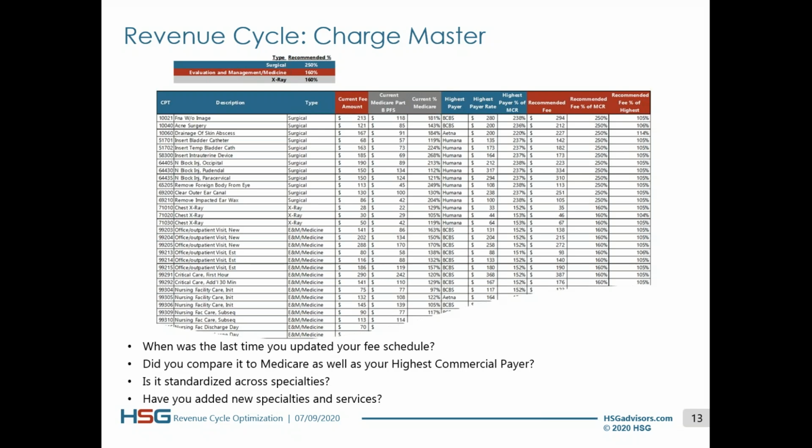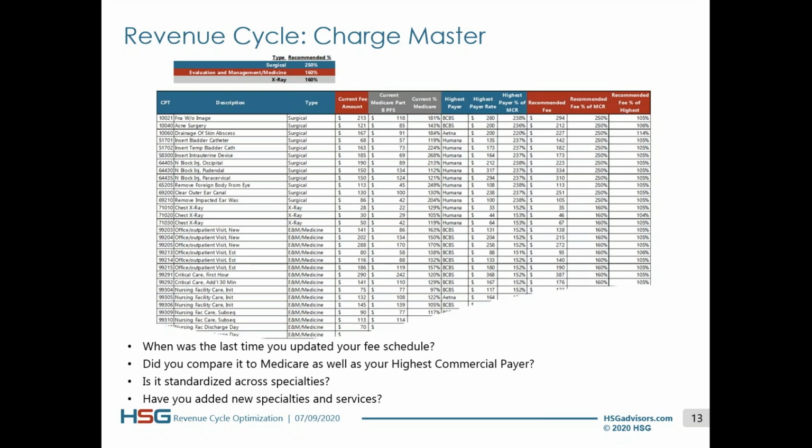And so you can see here at the top, we've got a methodology where all our surgical codes are going to be set at 250% of Medicare, our E&M codes at 160%, and any of our imaging or x-ray services are also at 160% of Medicare. And through this analysis, we're assured that all our major payers in Medicare are going to be above those percentages.